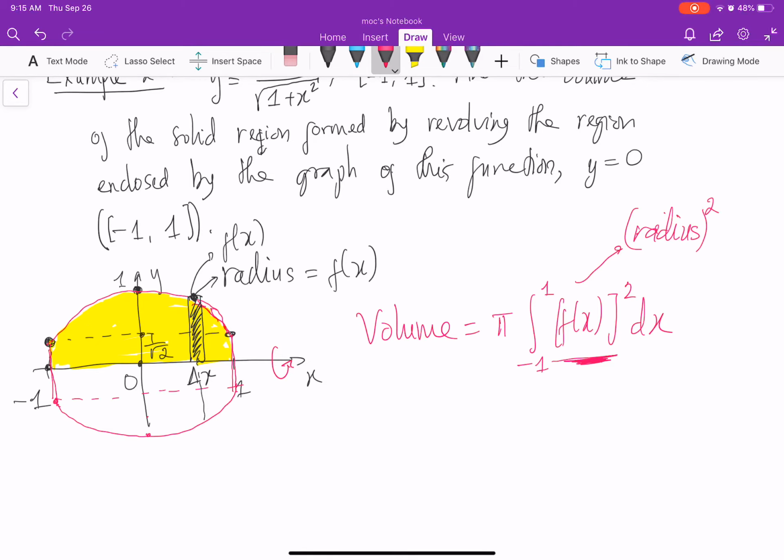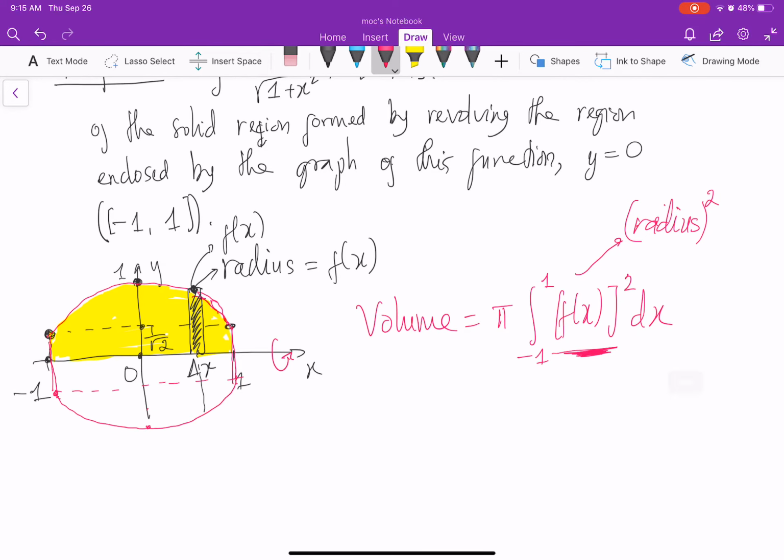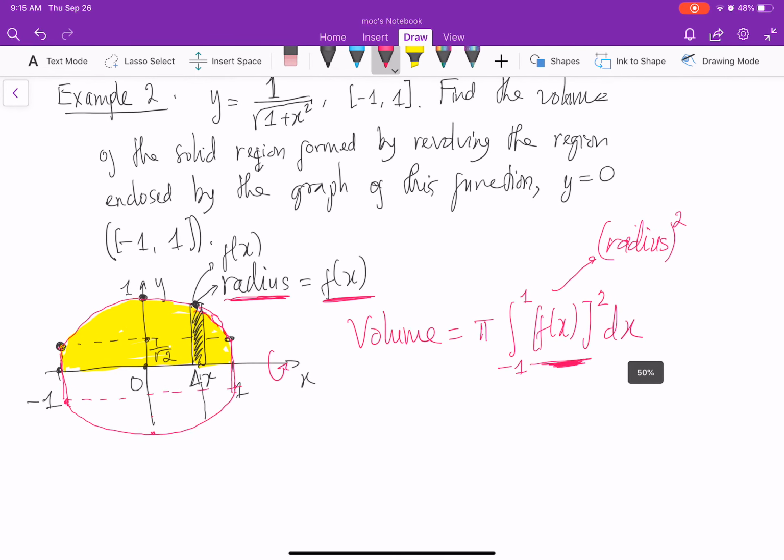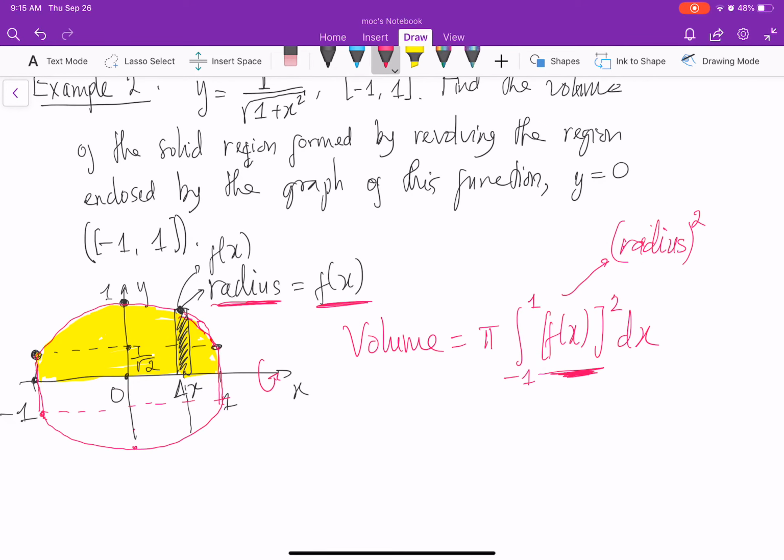In this situation, we rotate our region about the x-axis, so the radius is equal to f of x. But if we rotate about another axis, the radius may not be f of x. So be careful with that. That's why each time I try to write that the radius is equal to f of x, because we need to find the volume of the disk, right? And we need the radius.